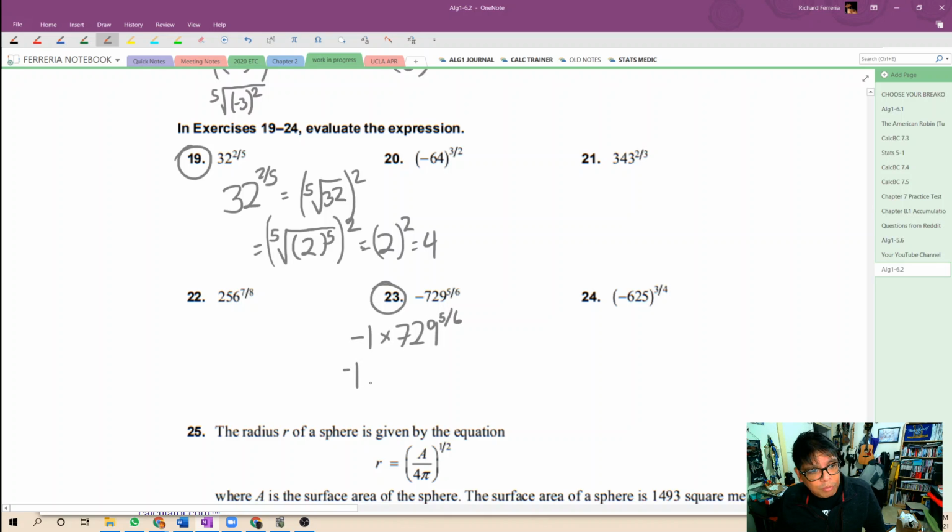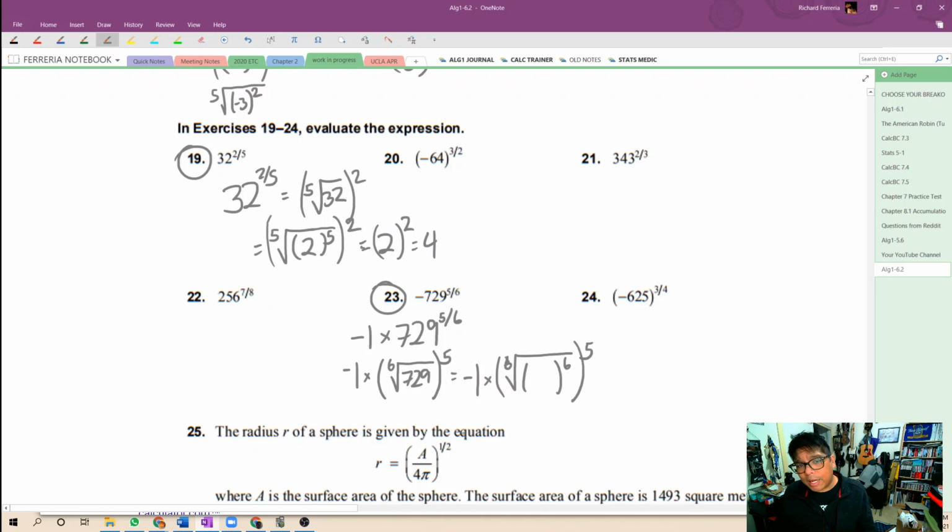So we'll do -1 multiplied by the 6th root of 729 to the 5th power. Let's try and find the 6th root of 729. So that's -1, the 6th root of something to the 6th power to the 5th power.